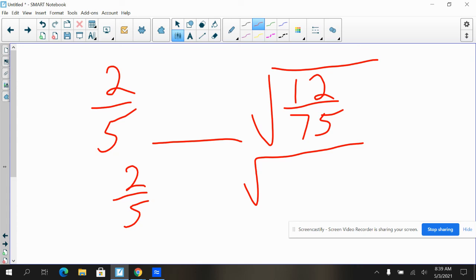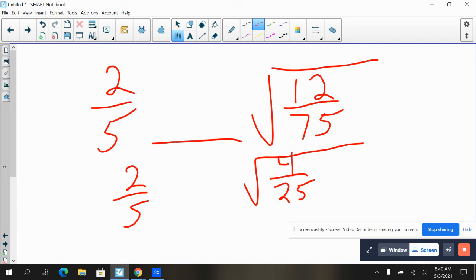What does that reduce down to? Logan? 4/25 is correct, sir. What does 4/25 look like as a, anybody know? Decimal? This is where you probably need your calculator.